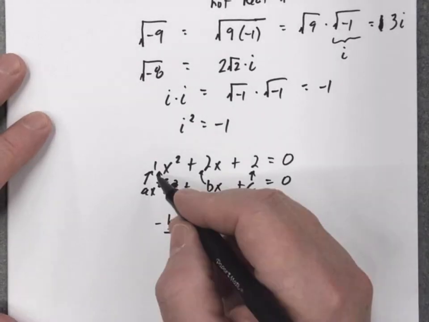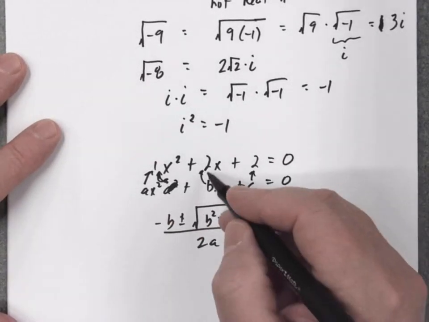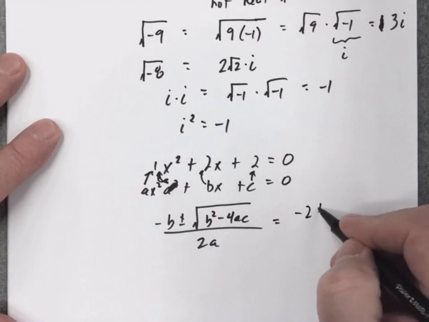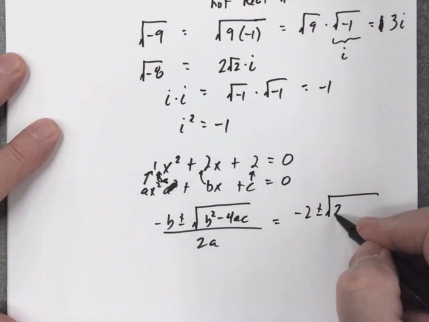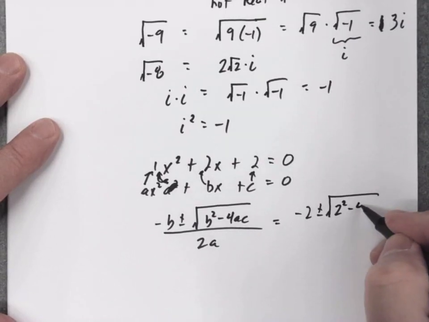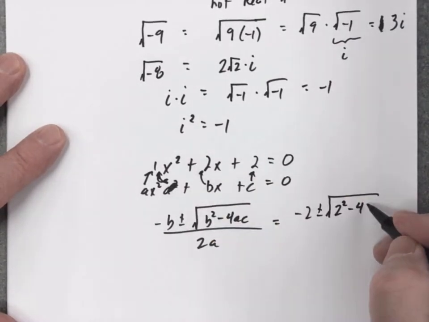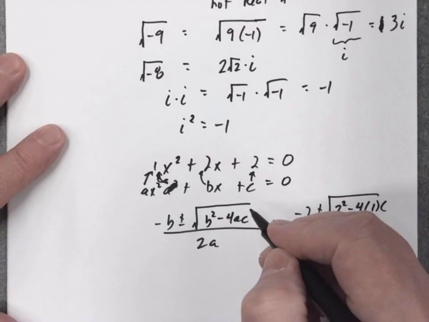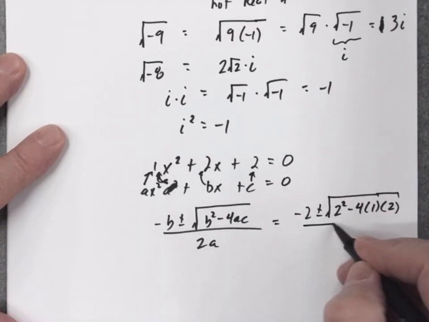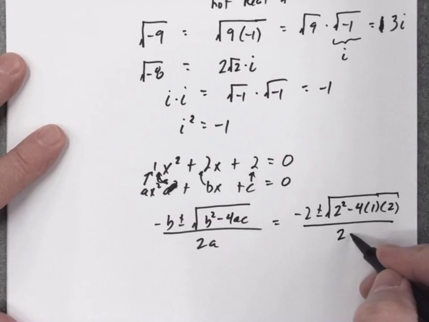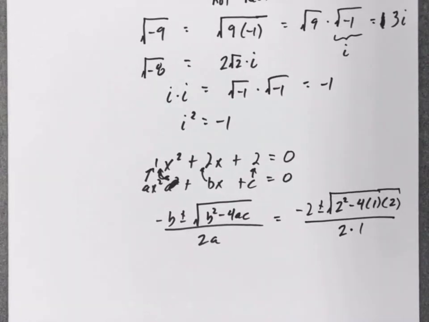If I plug in my a, b, and c, b is 2, so -2 plus or minus the square root of 2 squared, minus 4 times a, which is 1, times c, which is 2, all over 2a, which is 2 times 1.